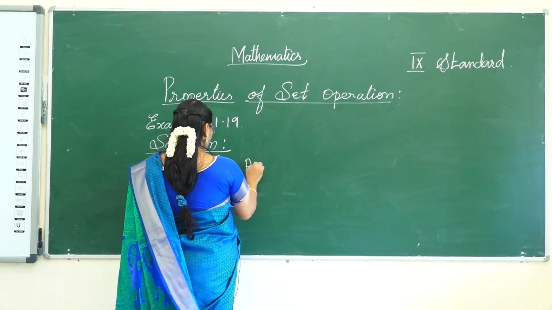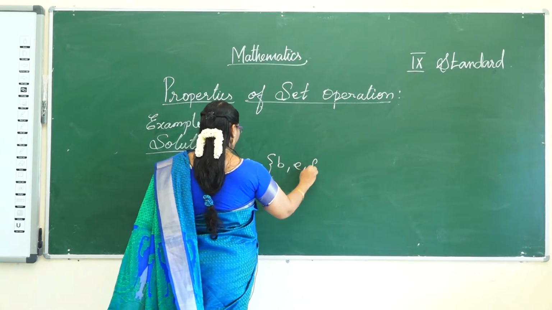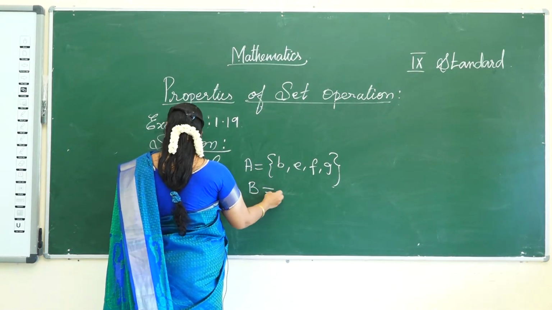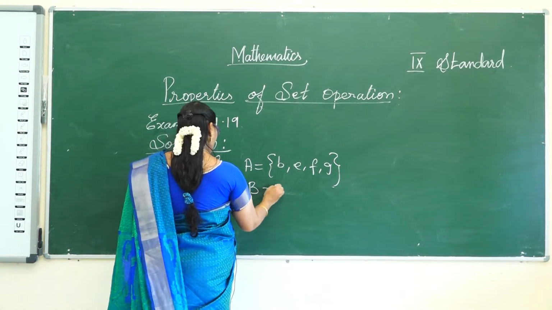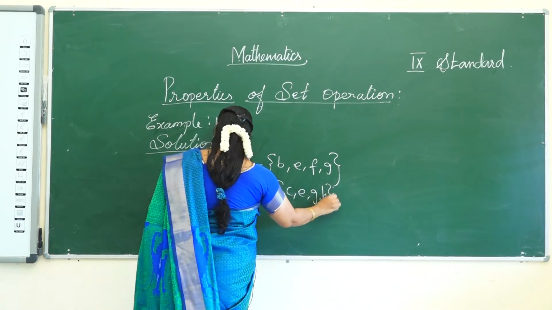First write the sets: A has b, e, f, g and B has c, e, g, h.